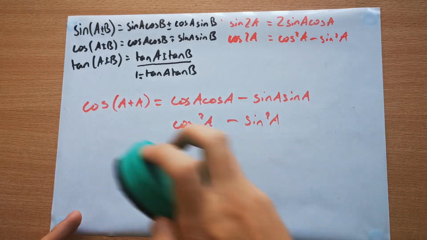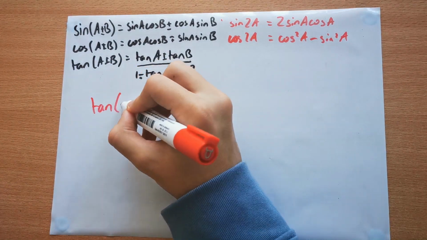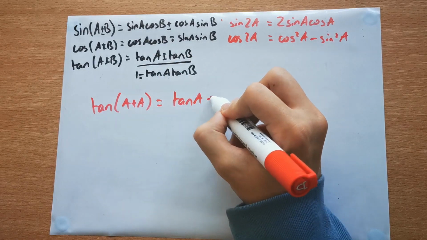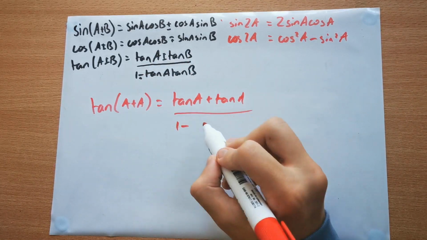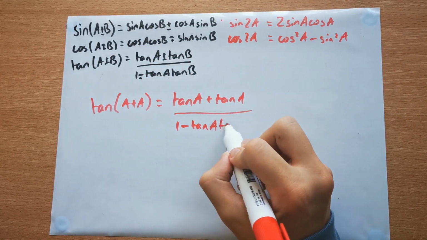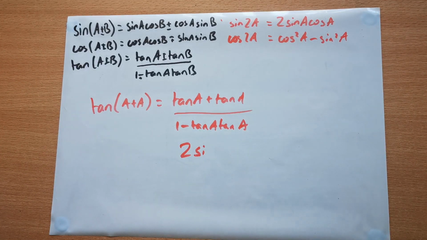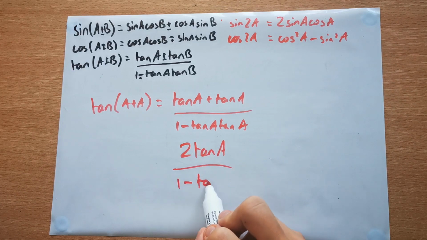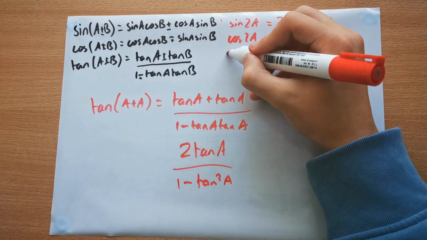And now to fill in tan. Tan(A + A) is equal to tan A plus tan A over, filling in A here, 1 minus tan A tan A. Simplify that, we have 2 tan A on the top, and on the bottom we have 1 minus tan squared A. And so we can write that in here.